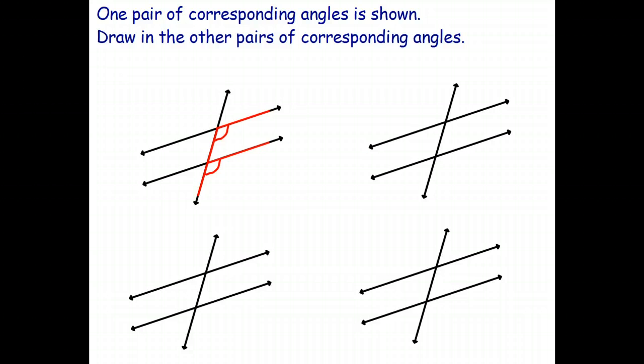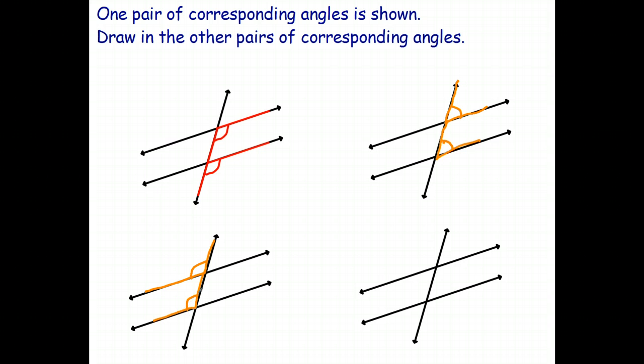Now it turns out there's 4 different sets of corresponding angles. So there's those two, but there's also that one corresponds to that one. So that looks like an F that's been flipped over. So corresponding angles are equal. You can also have that angle corresponds to that angle.